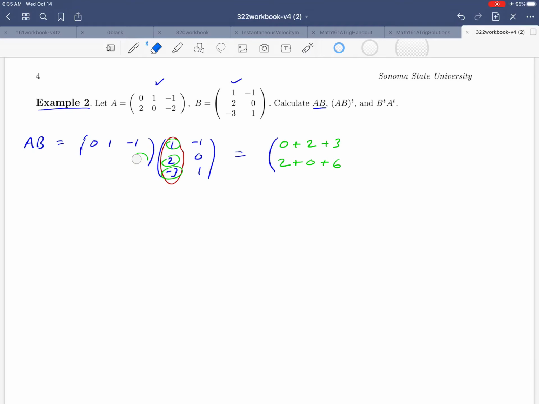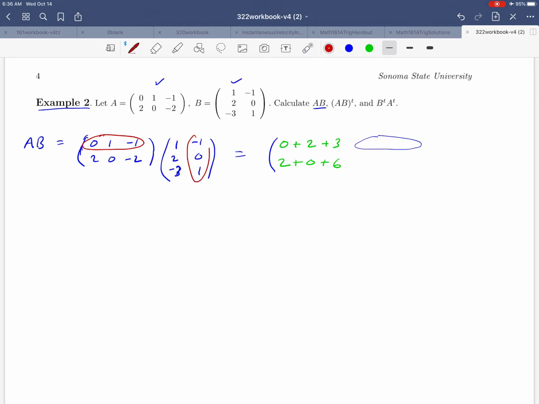Let's clear away the markings again. We had 2, 0, negative 2 there, and 1, 2, negative 3 there, and we'll start again. Now we're ready for the entry in the first row and the second column, so we're going to take the first row of A times the second column of B. That's the dot product that we need.